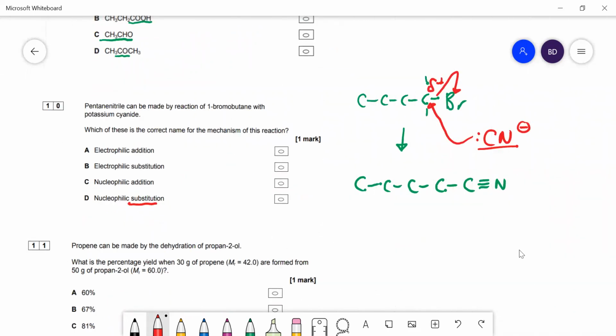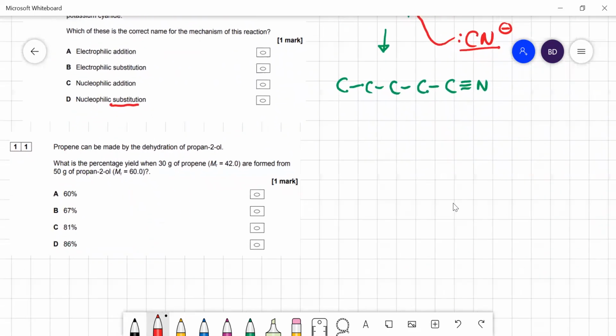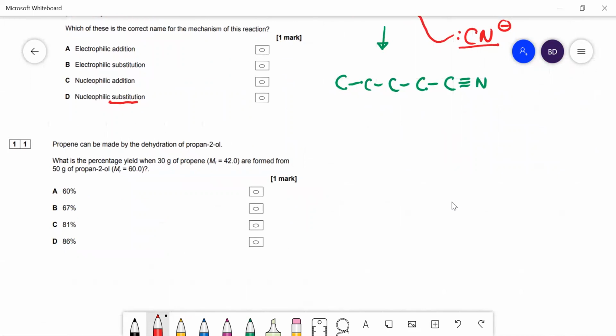Okay, so propene is made by the dehydration of propan-2-ol. What's the percentage yield when 30 grams is obtained? Okay, so let's just write down the equation for that. We're going to get propanol, which is C3H8O. It's going to go to propene, which is C3H6. So it's a 1-to-1.